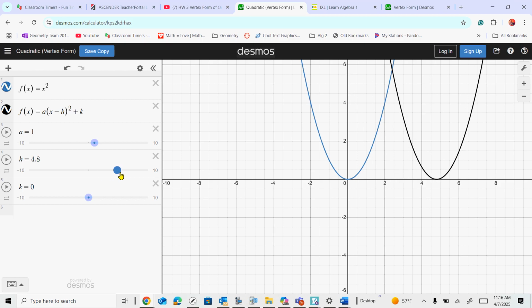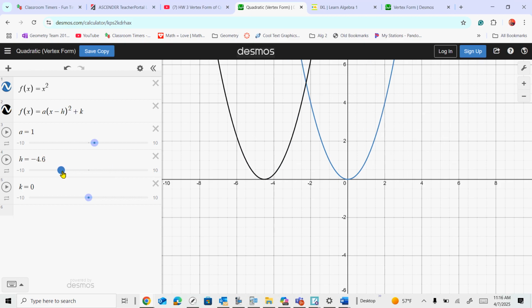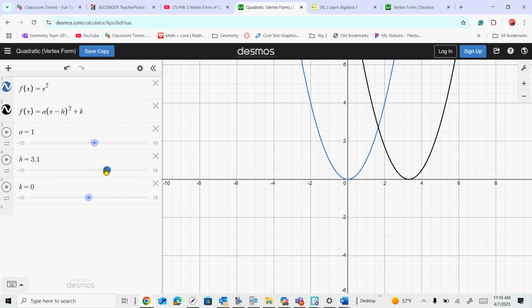Even though I'm going to the right, you have to do the opposite. It's going to be a negative number. Even though I'm going to the left, I know that's negative values right here. You can see the negative numbers. But the H has to be opposite of that. So that means it's positive. So if H is +5, there it is right there, then it would be here. If H is -3, then it would be over here. Are we okay on what the H does? It just reverses. Yes. Are we okay on that part?